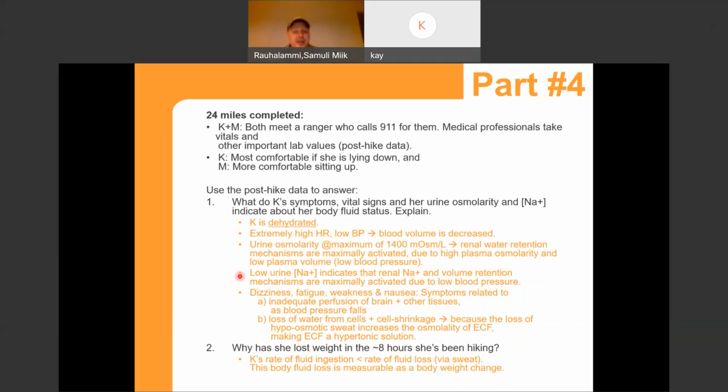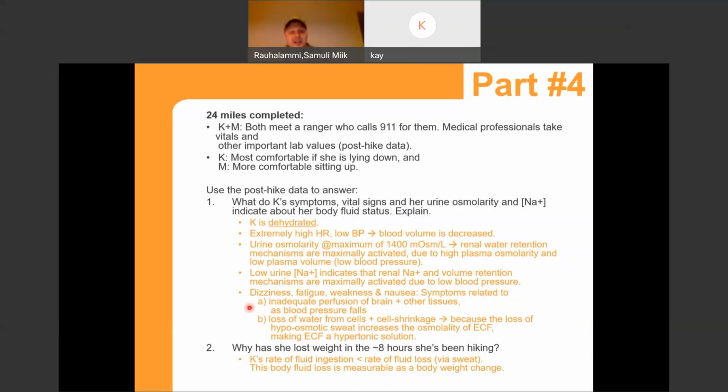Some of the signs and symptoms that we saw with Carla at the end of the hike, she was dizzy, tired, weak, nauseated. These all tell us because her blood pressure is so low, it's not enough to supply the brain. So her brain is negatively affected by this low blood pressure. And we're seeing all these signs: dizziness, tiredness, weakness, nausea.